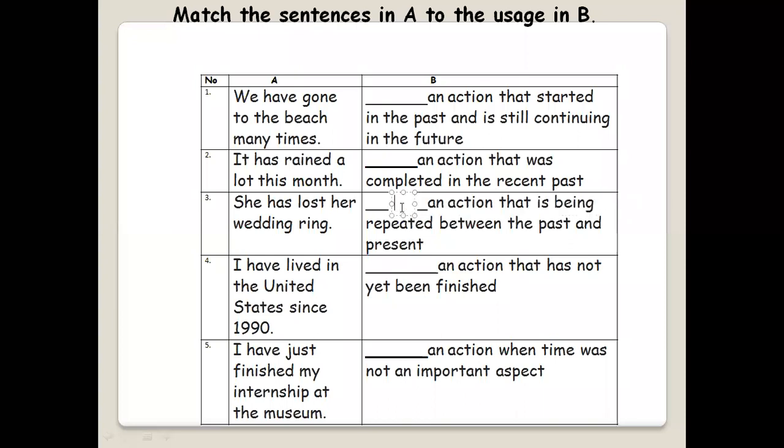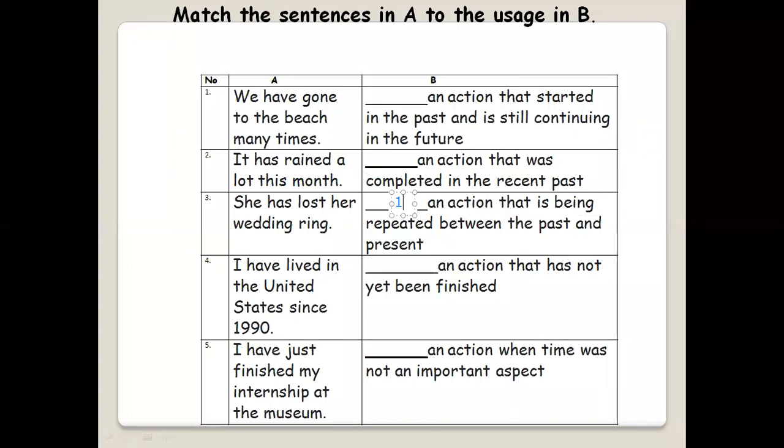So an action that is being repeated between the past and the present, this is the usage for this sentence. I just focused on this part, many times, so it's repeated action. This one is for number 1.